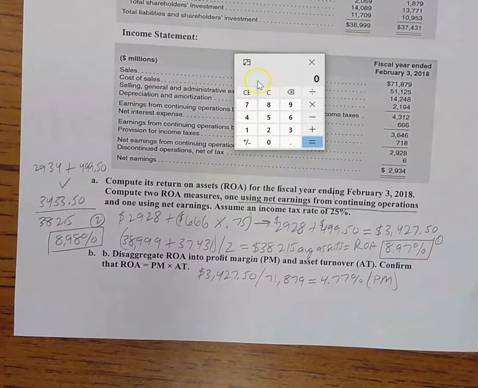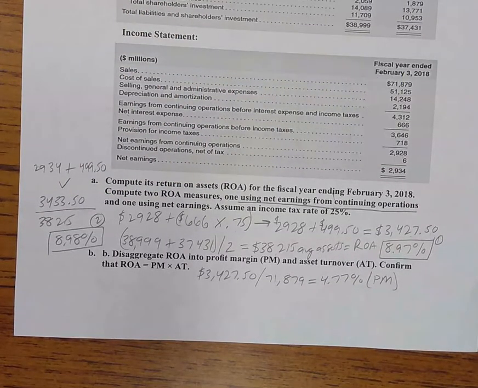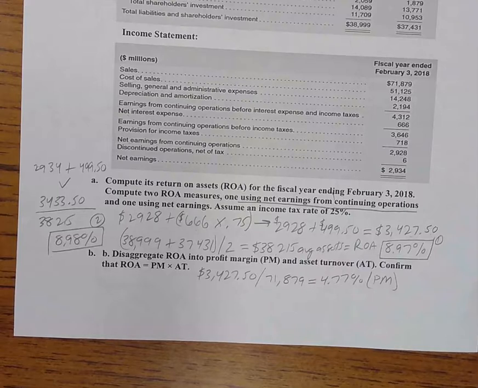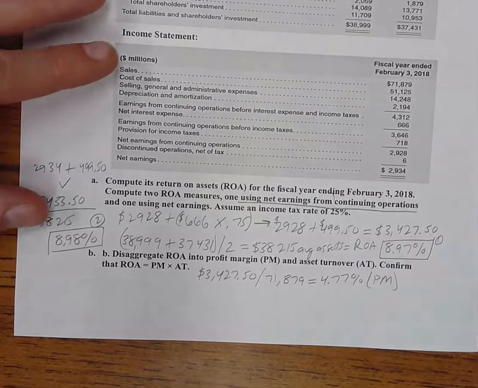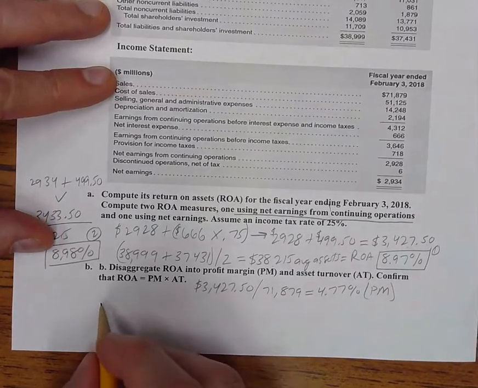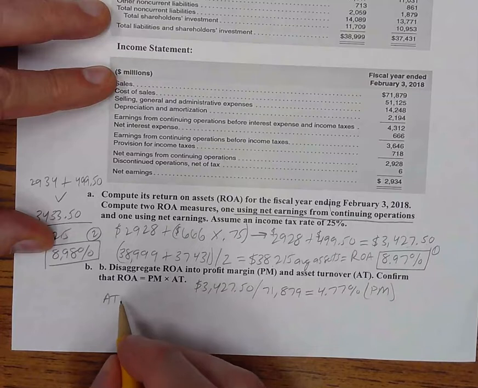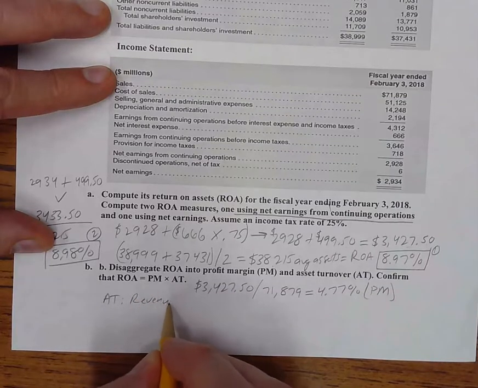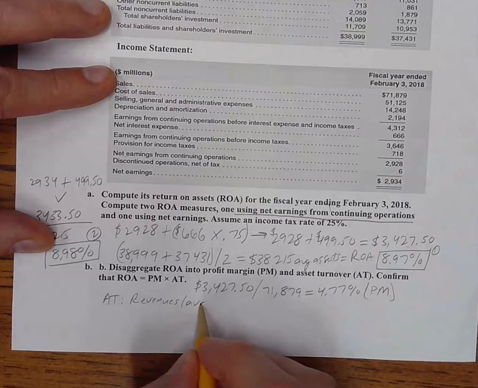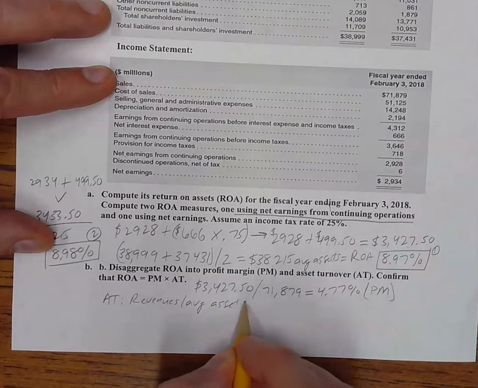And then we also have to calculate our asset turnover ratio. The formula for asset turnover ratio is revenues divided by average assets.